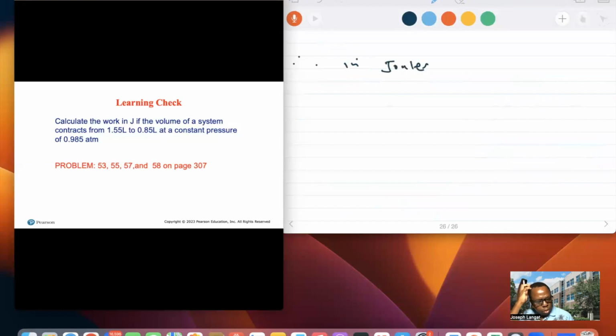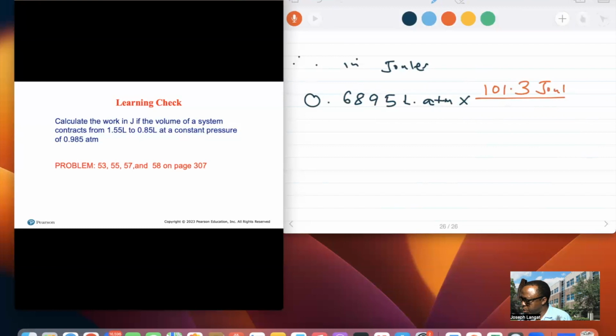So in joules, this will be 0.68995 liters times atmospheres times the conversion factor: for every 101.3 joules, 1 liter times atmosphere.